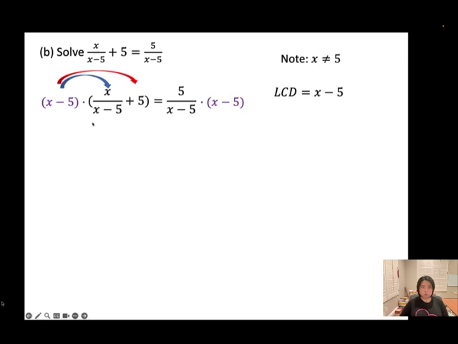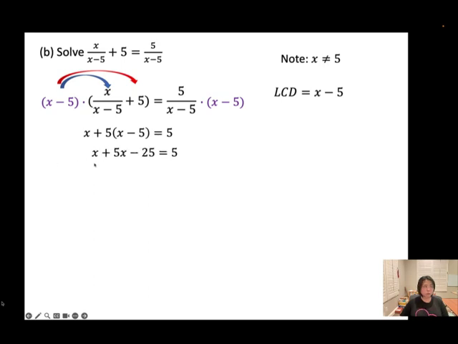So the first term, we're going to cancel out x minus 5, and we're left with the x. And the second one will be 5 times x minus 5. This one cancels out, and I'm left with the 5 here. Okay, distribute the 5.